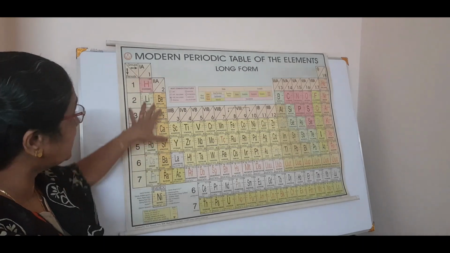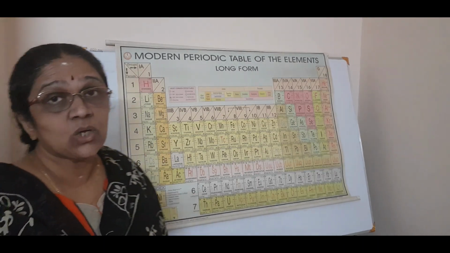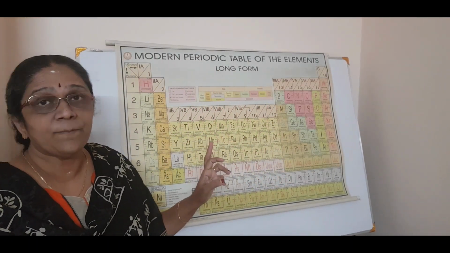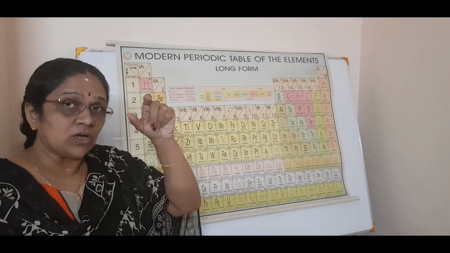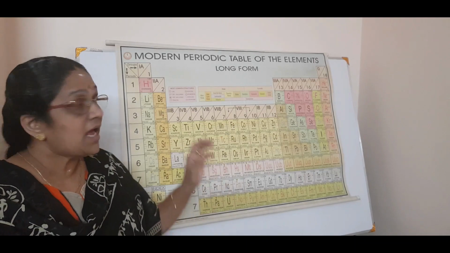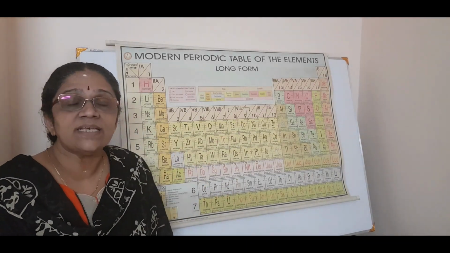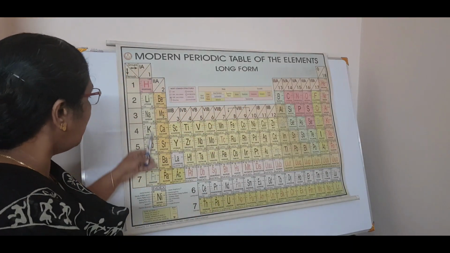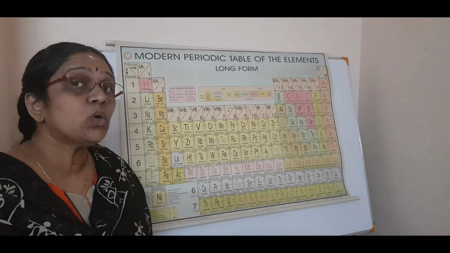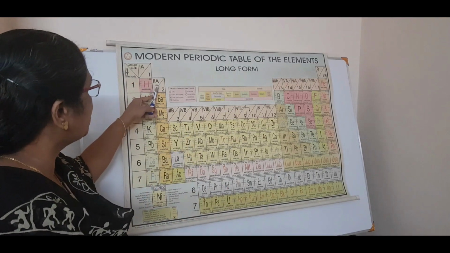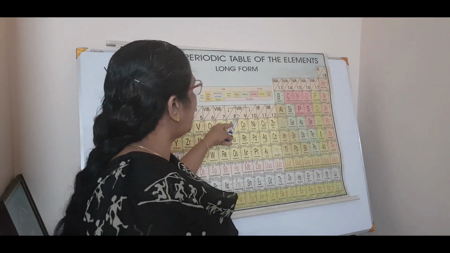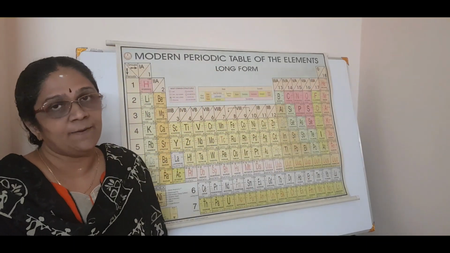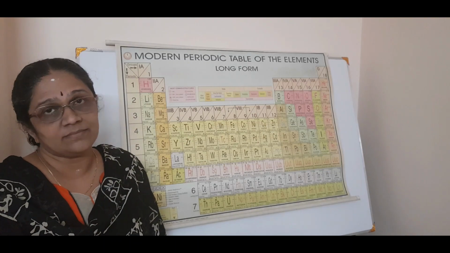In the modern periodic table, we have vertical columns, which are called groups, and horizontal rows, which are called periods. In this long form periodic table, how many groups are there? 1, 2, 3, up to 18. So 18 vertical columns are there.